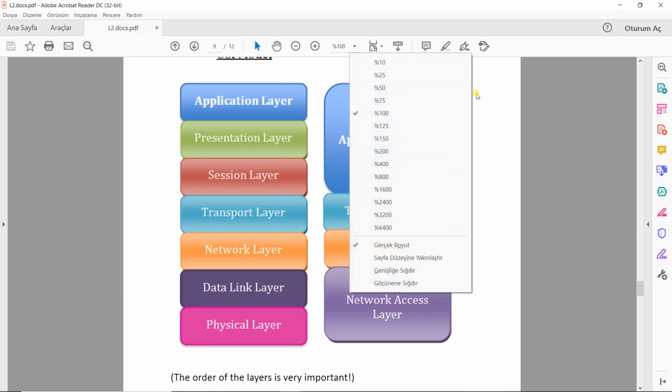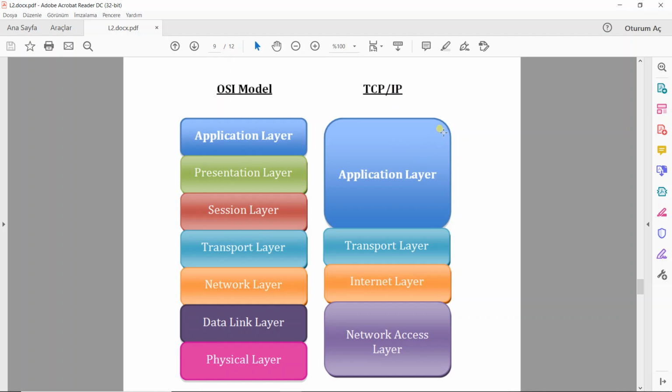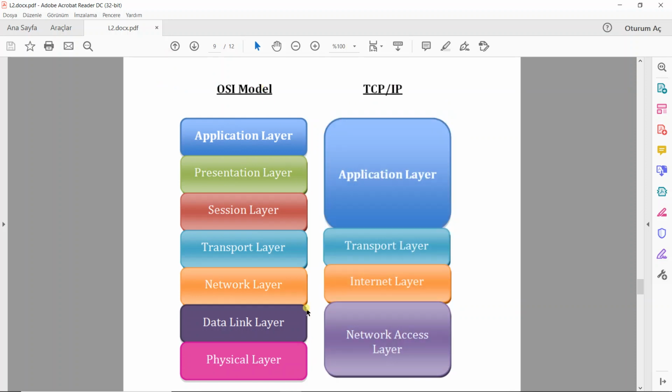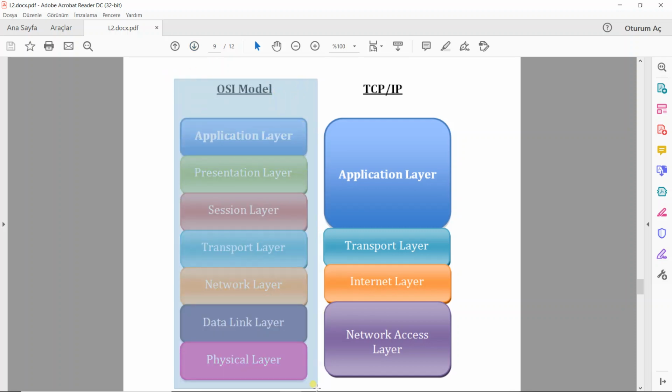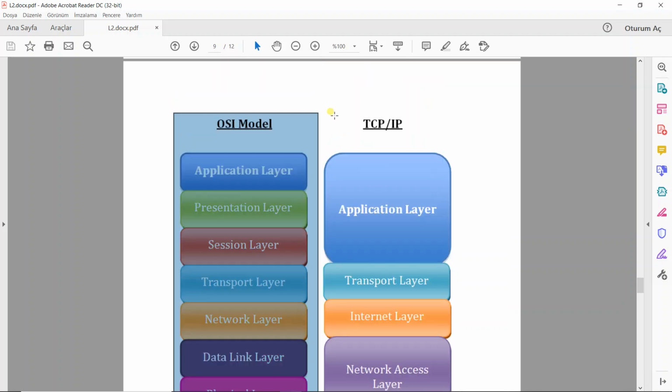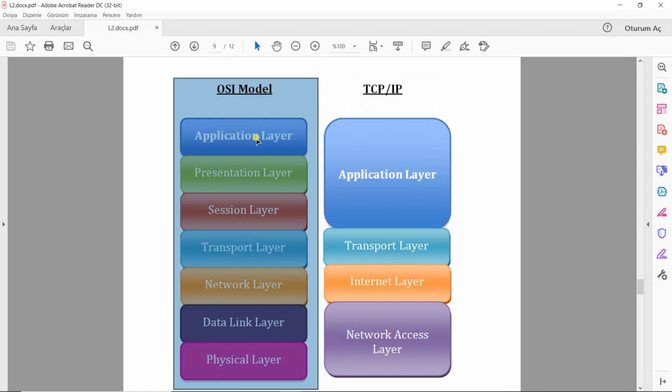Returning back to this model, if I ask you about the TCP/IP model, you should have this picture in your mind. If I'm talking about the OSI model, you should have this picture in your mind. It's very important that you memorize these in order. Unfortunately, you need to memorize them. But nowadays you don't need to memorize anything because your phone is always with you, yes? You can always check your phone.